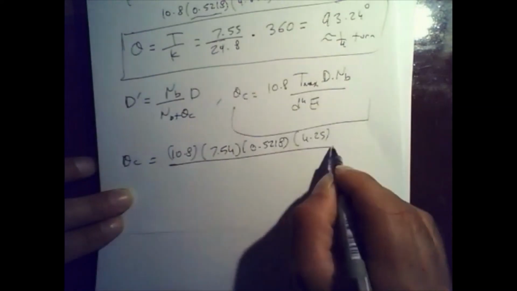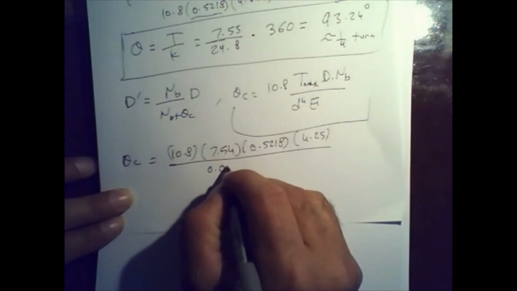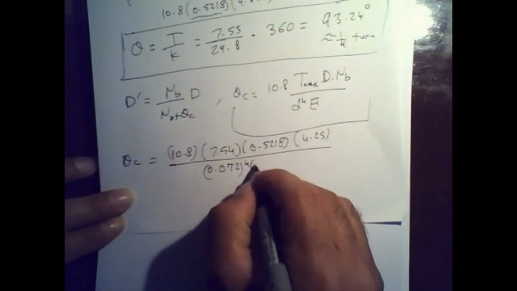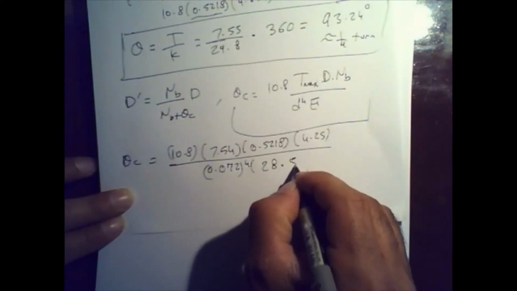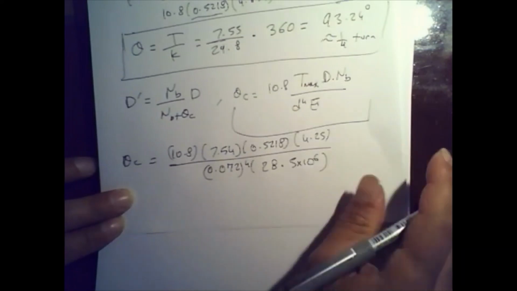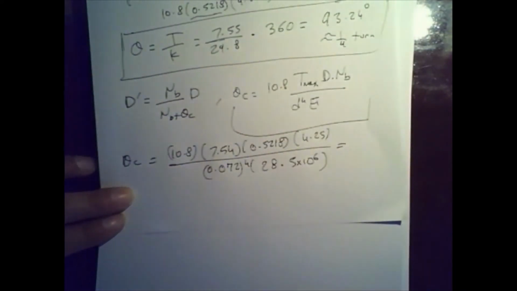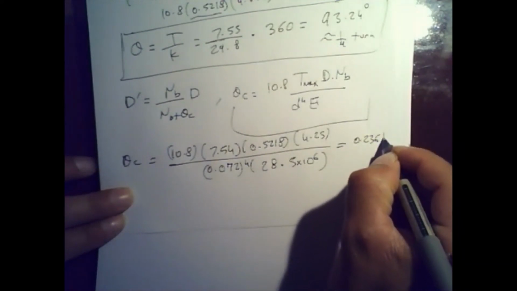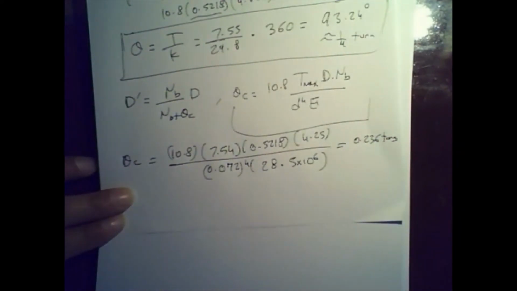And then we're going to divide this by D to the power 4, so 0.072 to the power 4 multiplied by 28.5 times 10 to the 6. And this value for theta C is going to be in turns, and this guy is going to be 0.236 turns.